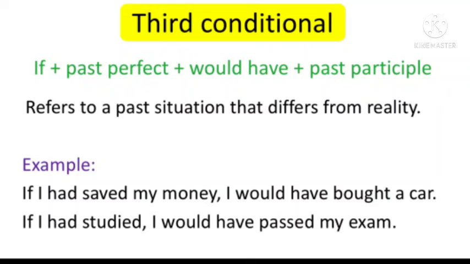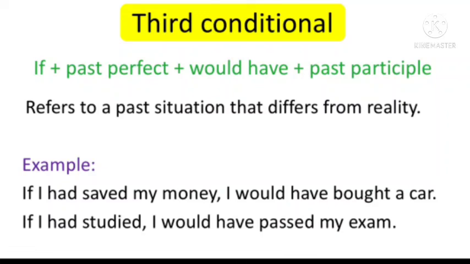For example, if I had saved money, I would have bought a car. This is the example. So in the if clause comes had plus past participle, saved is the past participle, and here I would have bought a car. Would have bought, bought is the past participle here.